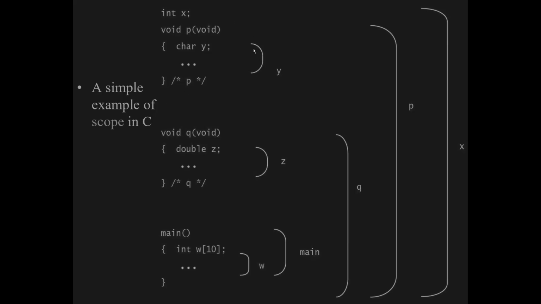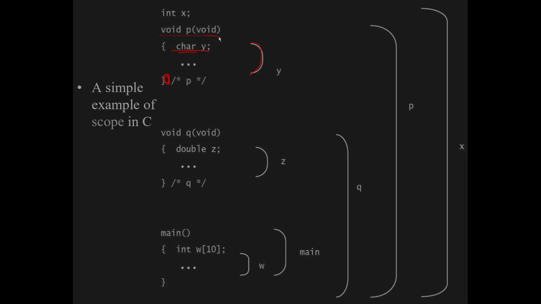Okay, so let's see where this is. Y is only defined here. So when you see Y, you're gonna add it to the symbol table with type character and so on. And once you see the closing brace here, then you're gonna remove the entry for Y from that symbol table, okay?